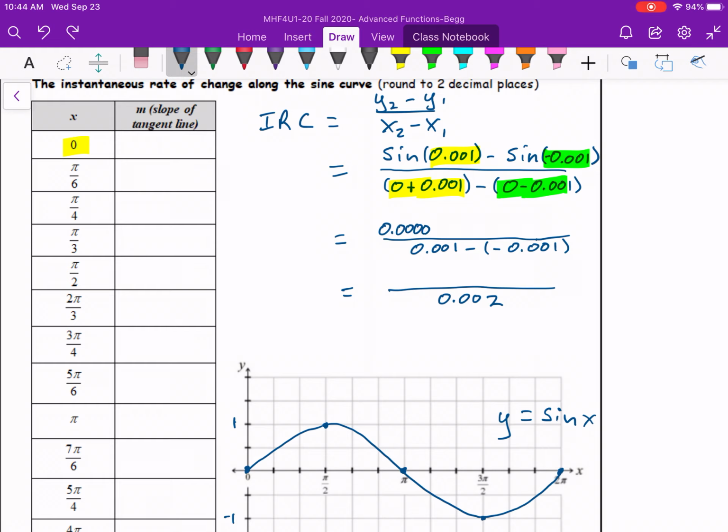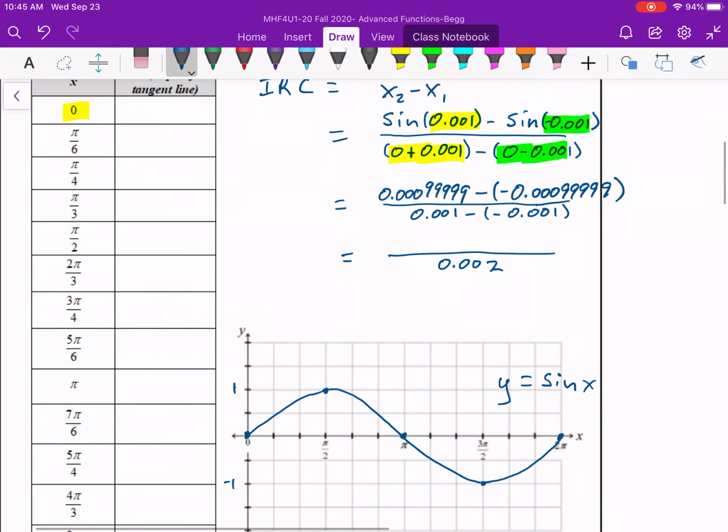And then if I take the sine of negative 0.001, it turns out to be negative 0.000, and then a bunch of 9s again. And we can just do this on our calculator. We make sure our calculator is set to radian mode because we're working in radian mode for everything in this course for the most part. And these are just the numbers our calculator crunches out for us.